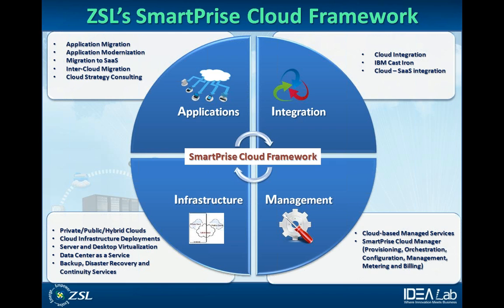Desktop as a service is part of this. Data center as a service is part of this infrastructure framework. Backup, disaster recovery, and continuity services, which really use the cloud a lot in the background, are some of the key areas that the infrastructure practice provides.